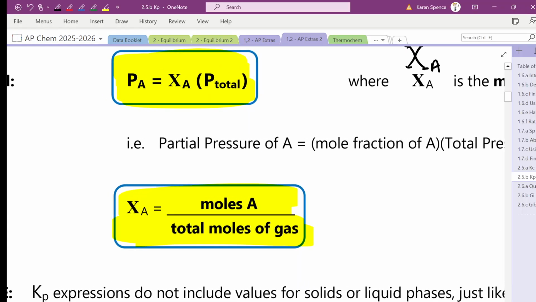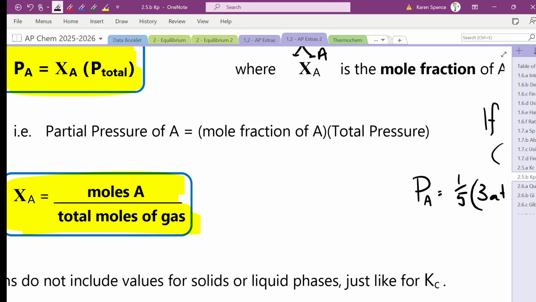And I forgot this in my other class, but the mole fraction of A is also equal to the partial pressure of A divided by the total pressure, because moles and pressure are related. Yes, they are proportional to one another. So the relationship between them will be the same. As moles go up, pressure goes up. As moles go down, pressure goes down. So the ratio between the two will be the same.